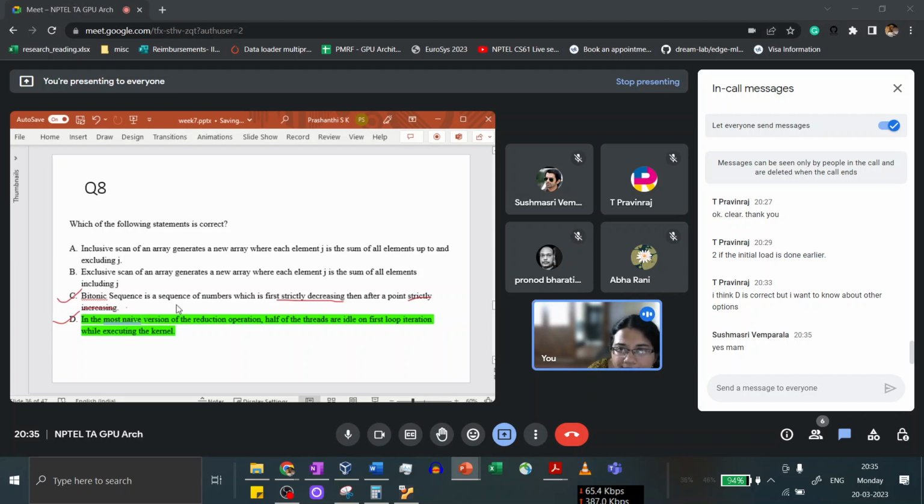So for now, you can take both of them as the answer. And A and B are not correct, because inclusive scan would be including this element, and exclusive scan would be excluding that element. Both of those are wrong for that reason. Is it clear now?